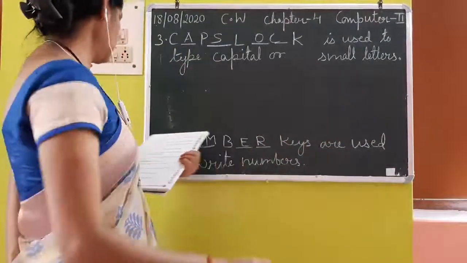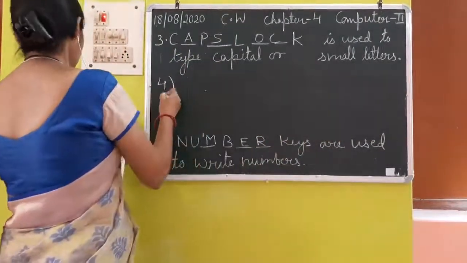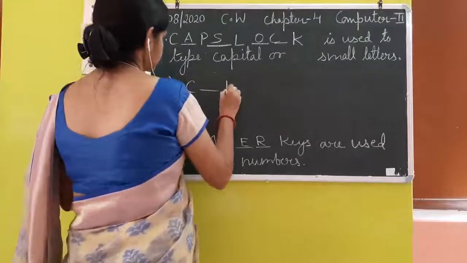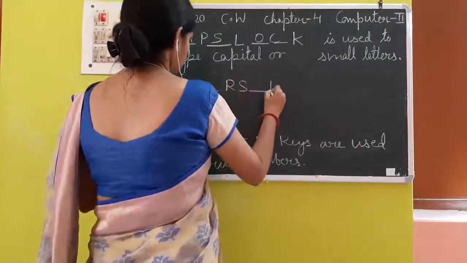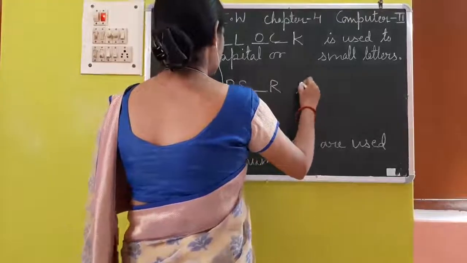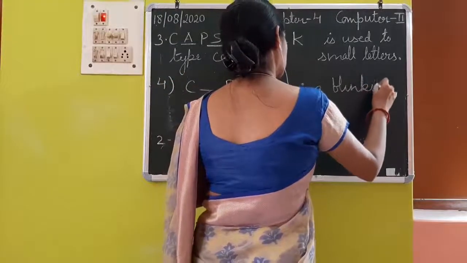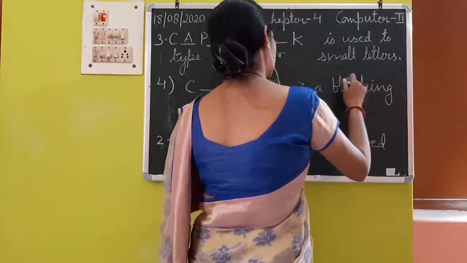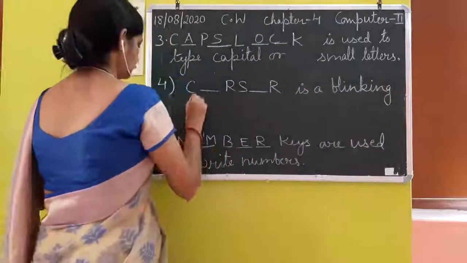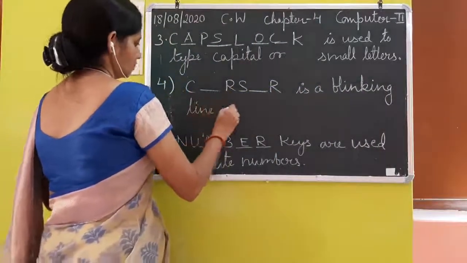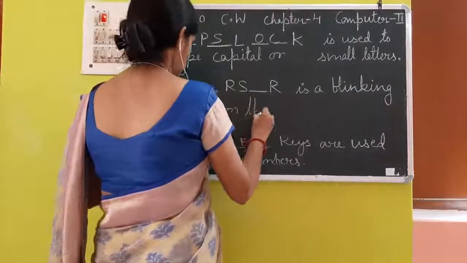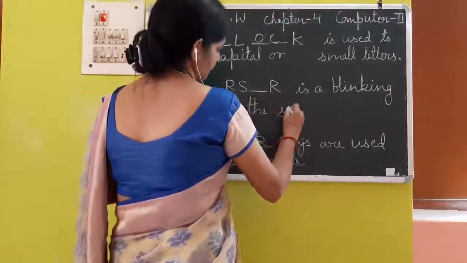Now fourth one is dash. Dash is a blinking line on the screen.